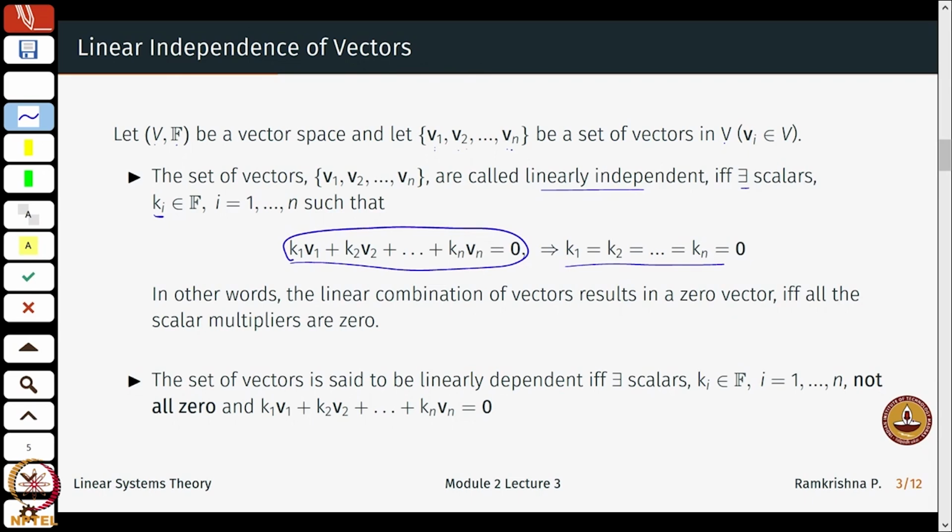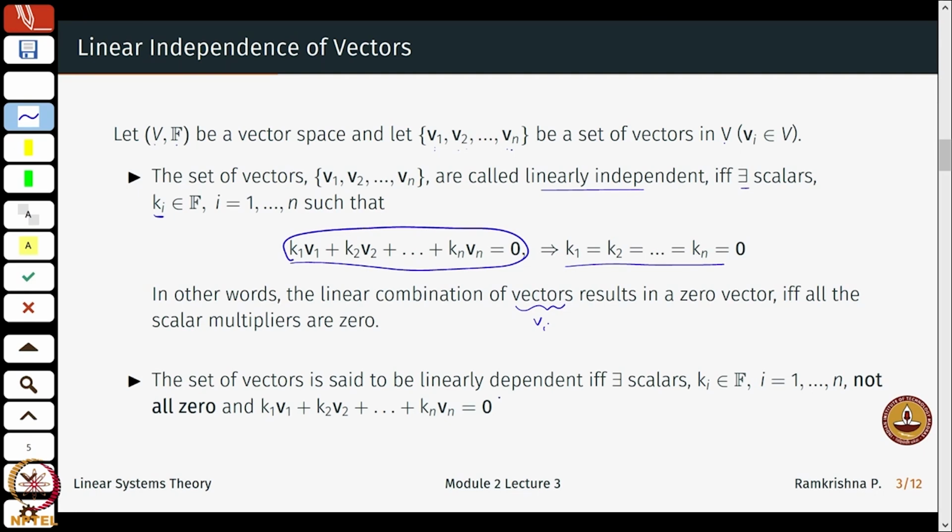Or just to say in words, a linear combination of these vectors Vi results in a 0 vector if and only if all the scalar multipliers K1, K2, Kn, for the vectors V1, V2 until Vn respectively, are all 0. We will do some examples as we go through the lecture.